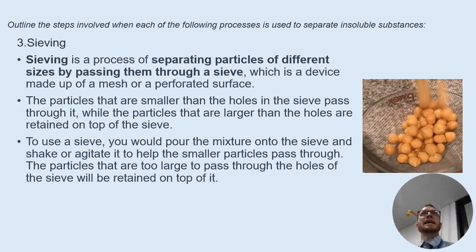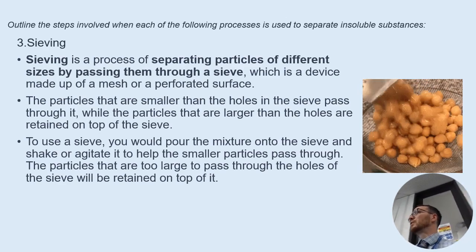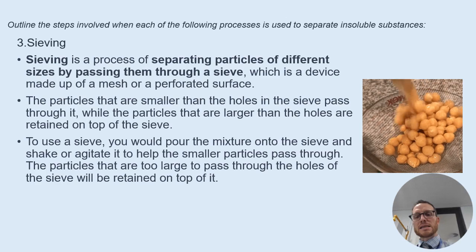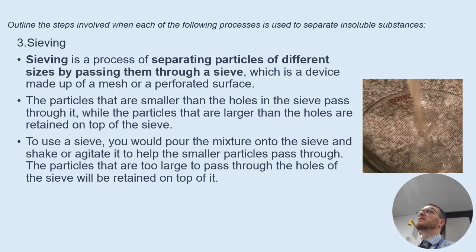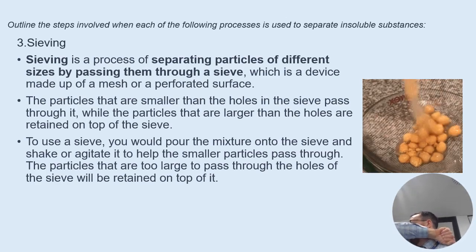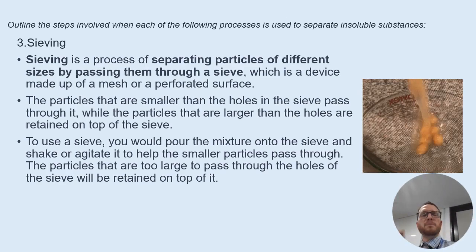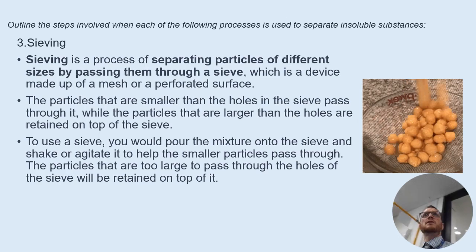Okay, the third technique. So we've gone through magnetic separation, gravity separation, and decanting. Lastly, sieving. Sieving is similar, but this is where it's a bit like filtering. So we do this with pasta.